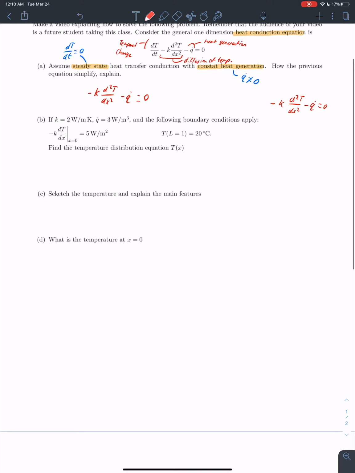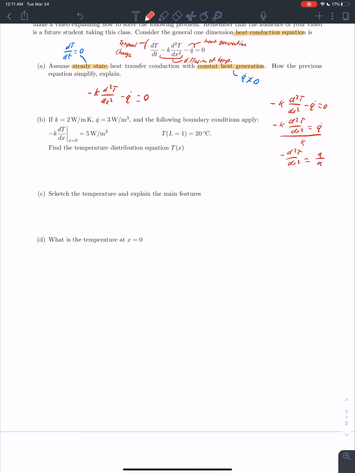So if we were to move this to the other side, we would have this right here. And if we were to divide by k, it would be negative q divided by k.